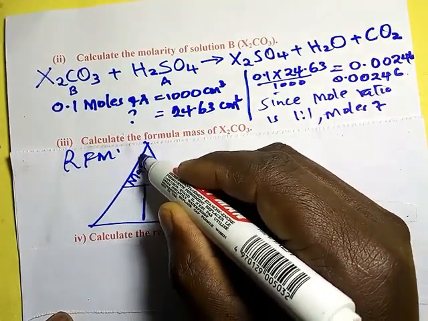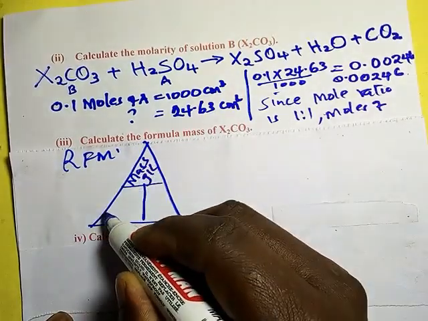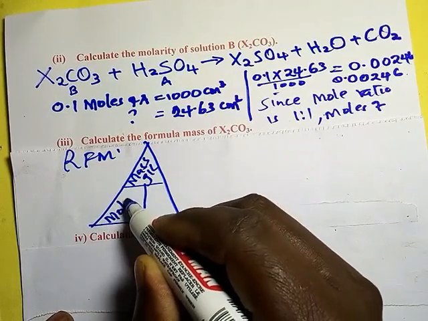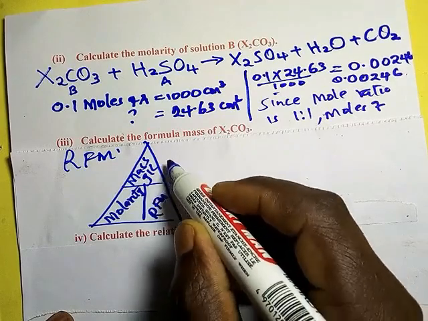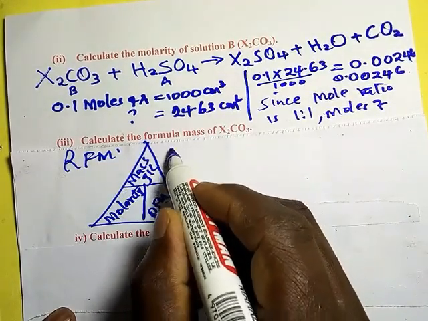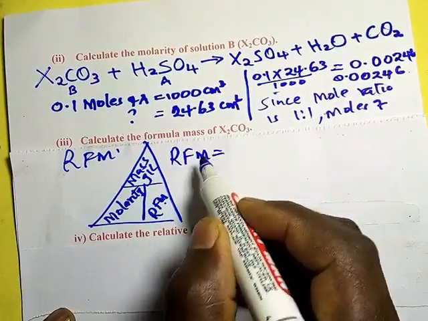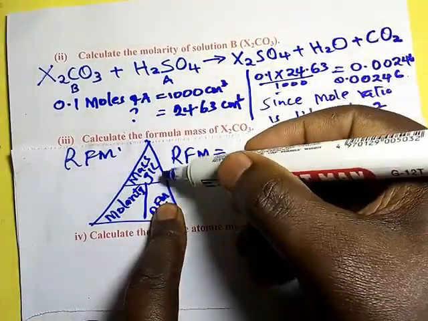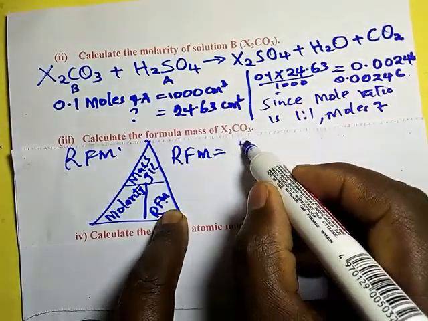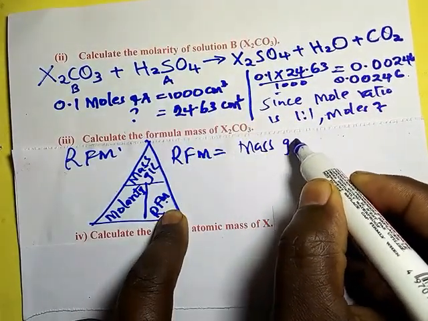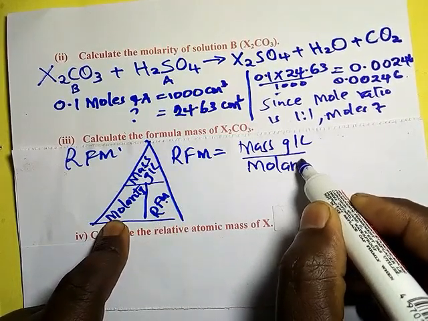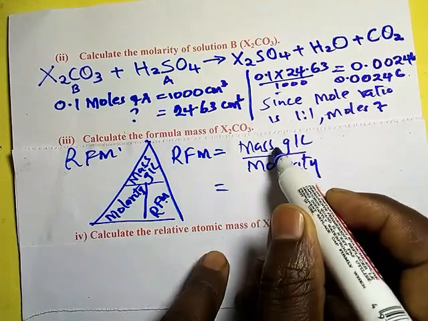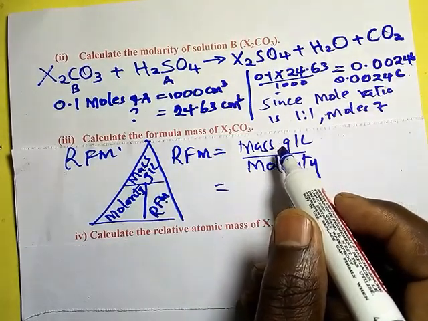Mass in grams per liter, molarity, RFM. Now we want to calculate RFM. RFM is equal to mass in grams per liter divided by molarity. Mass in grams per liter of the carbonate, you go back to our question.